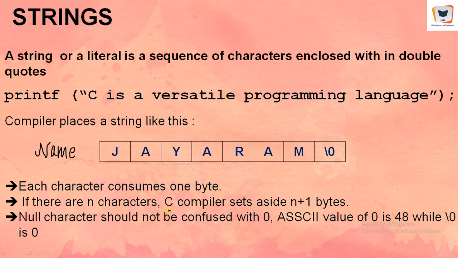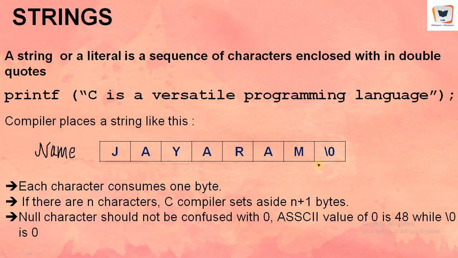If there are n characters, the C compiler sets aside n plus 1 bytes. This is a very important point to remember. Therefore, whenever we reserve a known length for a string to be repeatedly used in the program, it is a must to assign 1 space extra in order to place this null character.